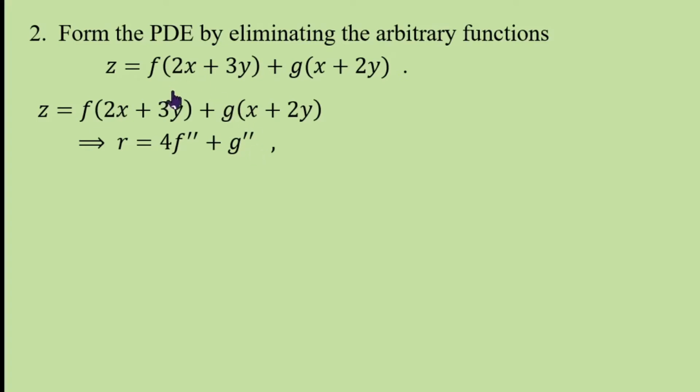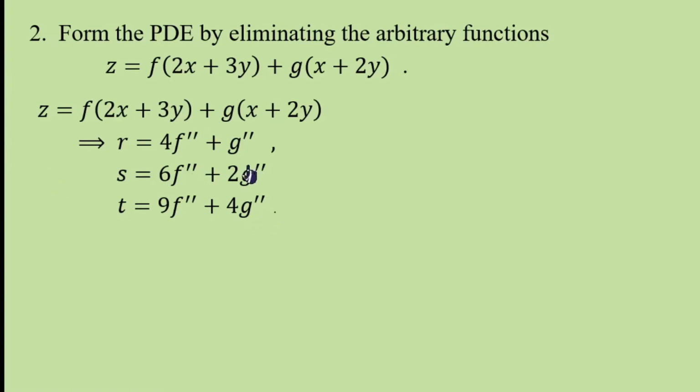And when you differentiate partially with respect to x and then y, that means 2 into 3, 6 f double dash plus 1 into 2, 2 g double dash. So S becomes 6 f double dash plus 2 g double dash. And similarly, when you differentiate partially with respect to y twice, 3 into 3, 9 f double dash, here plus 4 g double dash, that is t.